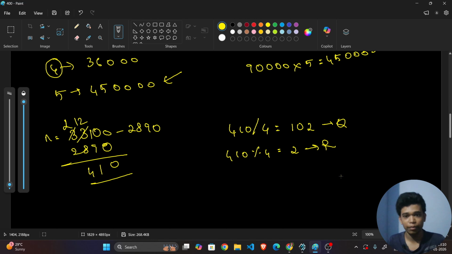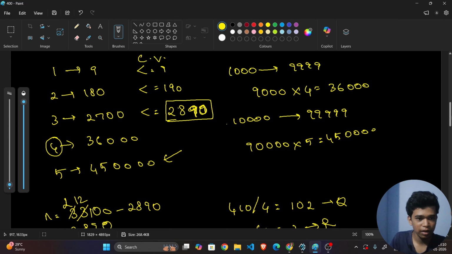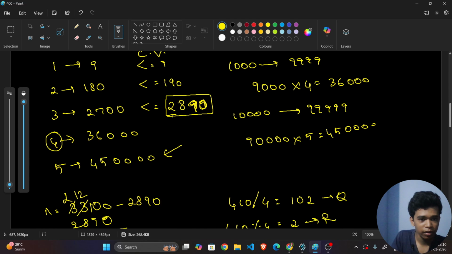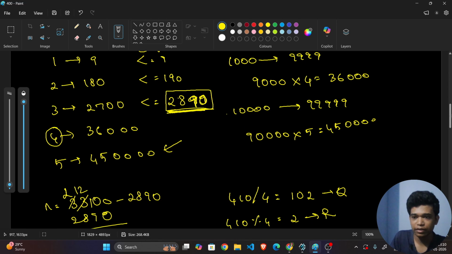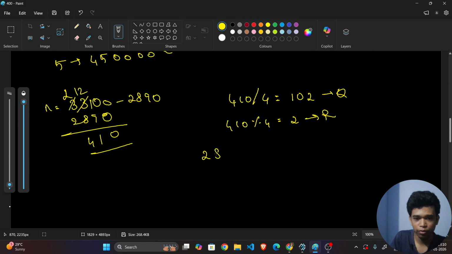Now what is the next step I want to do? I want to check where I am starting from. For example, see here, it is starting from 2890, right? So do 2890 plus, sorry, it is a 4-digit number. A 4-digit number means 1000.